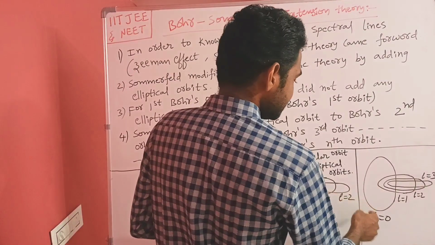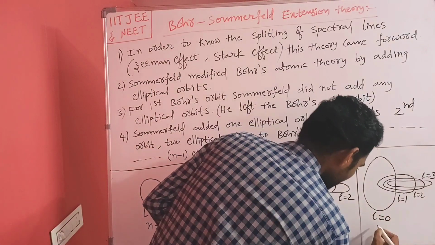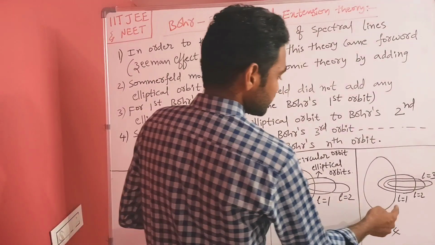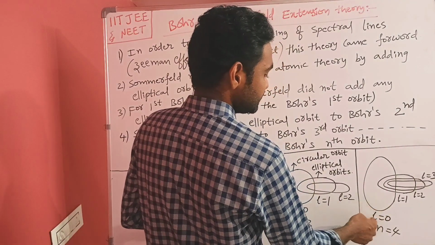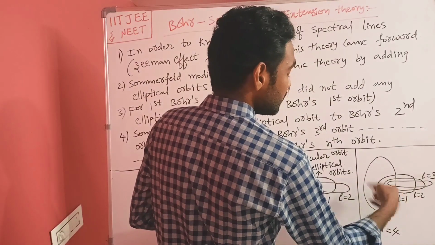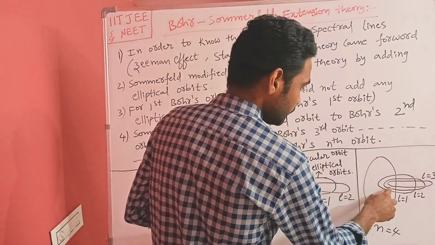Next, see here, for the fourth orbit, n value is 4. L value for the first orbit is 0, n value is 4 constant, and he added 3 elliptical orbits to the fourth orbit. See, 1, 2, 3.